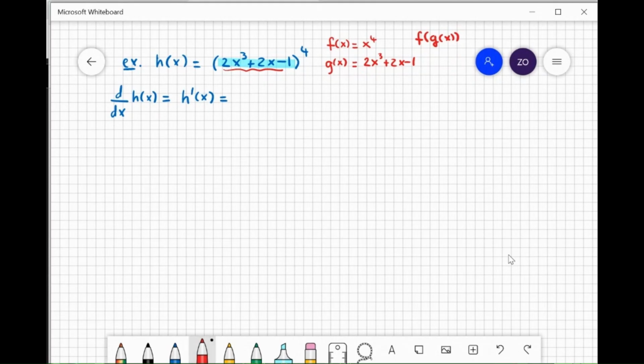Now let's look at the derivative. We will start by taking the derivative of the outside function, or the function that was done last. This is what we see as the main function. The main function we see is the outer function, or the function which is performed last.